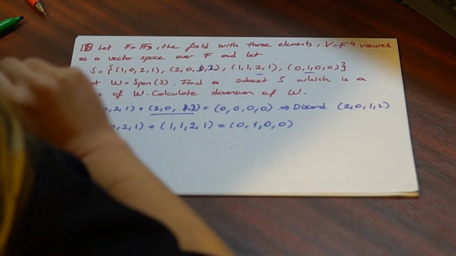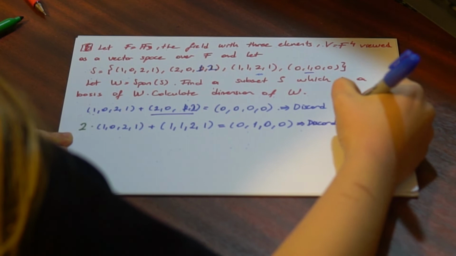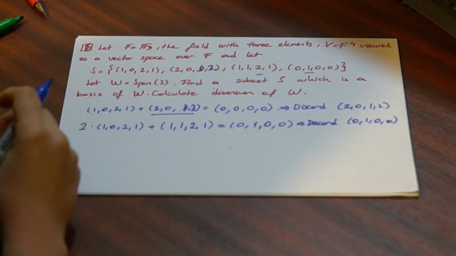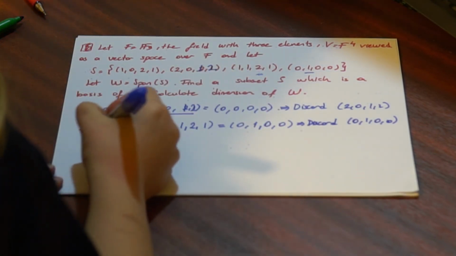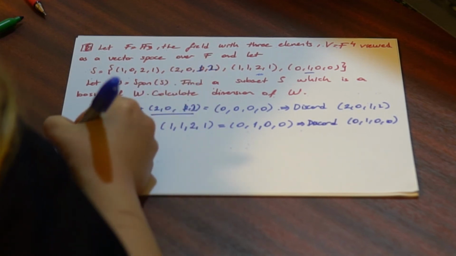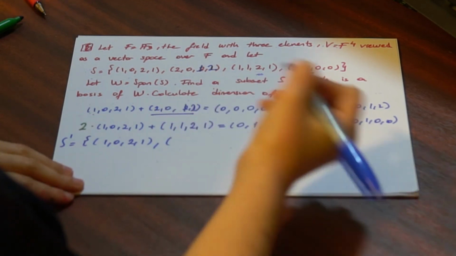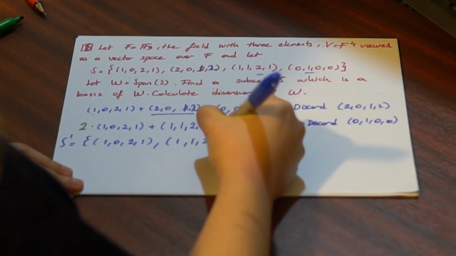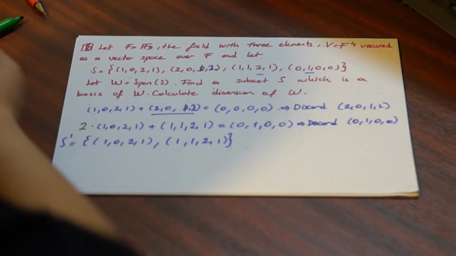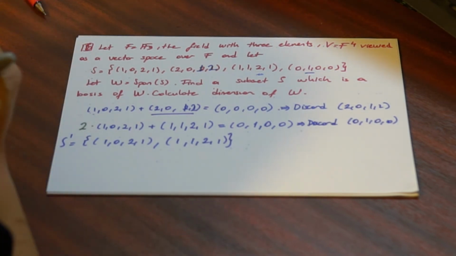So this is equal to this vector, right? So again, we can omit 0, 1, 0, 0. Now we have only 2 vectors, right? We have this one, let's say S prime, and we have also 1, 1, 2, 1. We can find the other 2 from these 2.